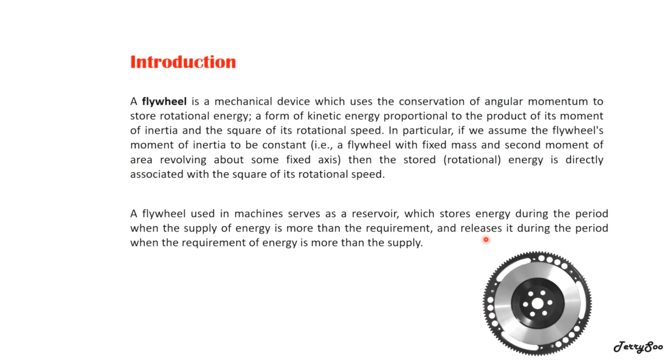And it releases energy during the period when the requirement of energy is more than the supply. So supply energy is more during the power stroke, and supply energy is less, requiring energy from the flywheel, during suction, compression, and discharge strokes.